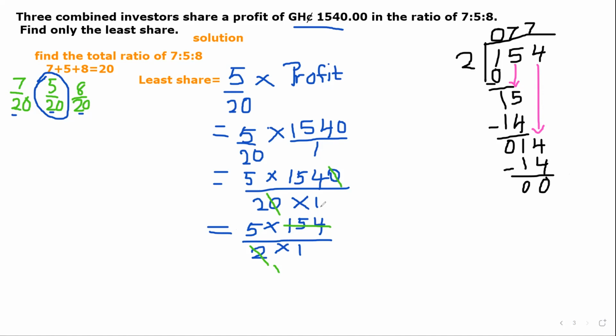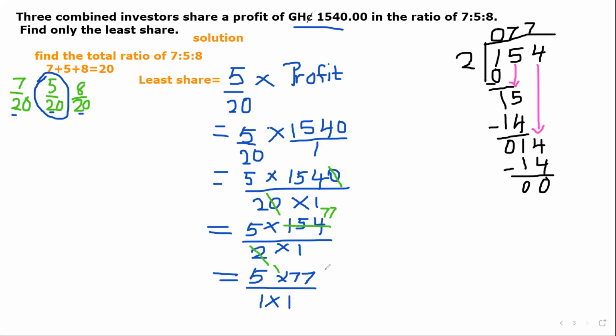Now let's proceed. So which means that 2, 2 cancel here, 77. Good. Now the remaining numbers here is 5 times 77 all over 1 times 1.